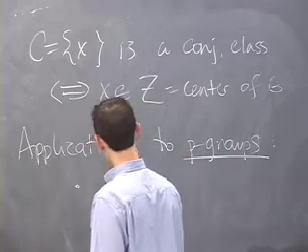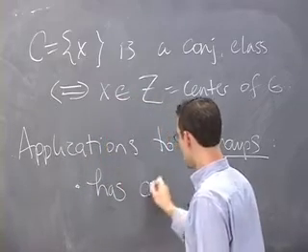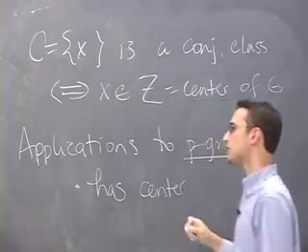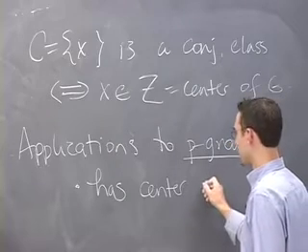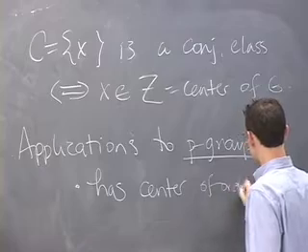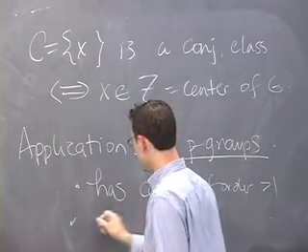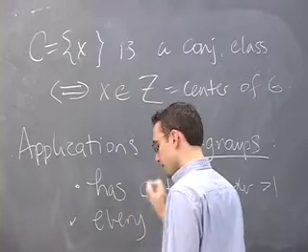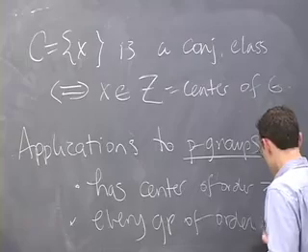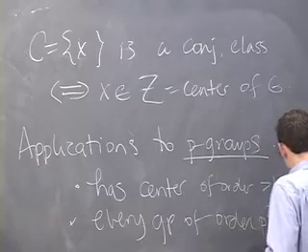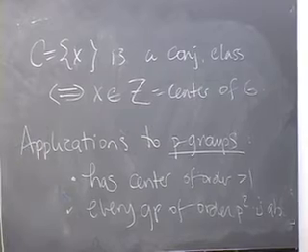For instance, we know from the class equation that a p group has center of order greater than 1. And we know other things like that every group of order p squared is abelian. So those are useful sort of facts.